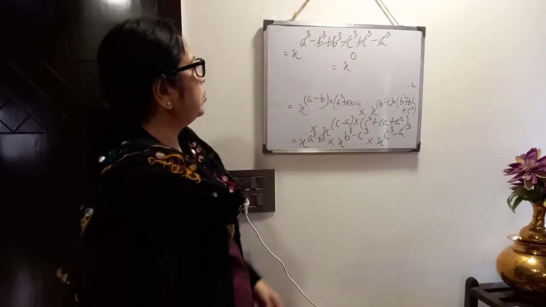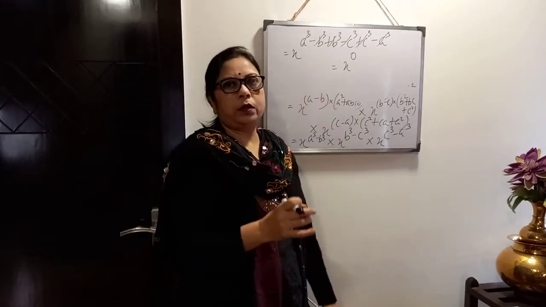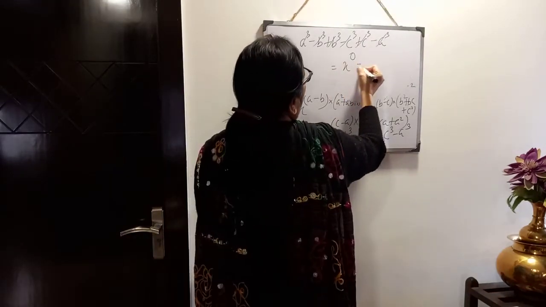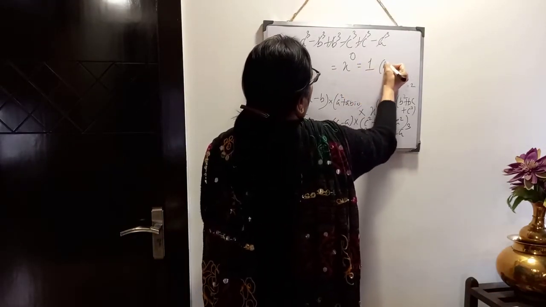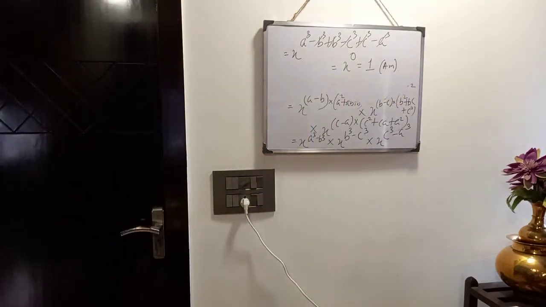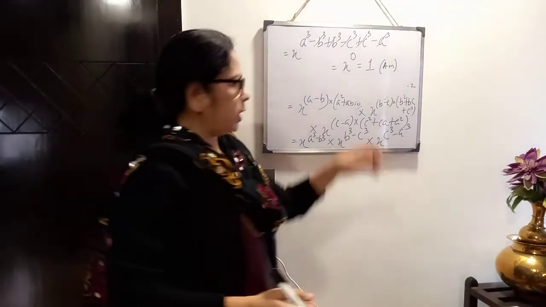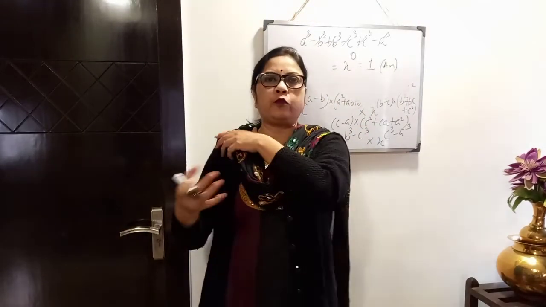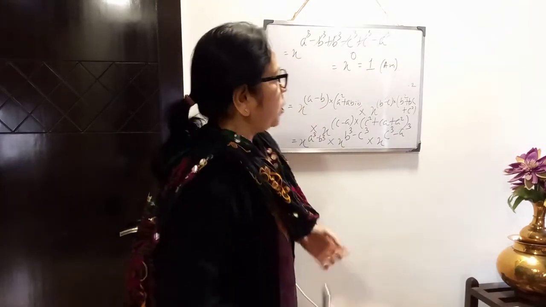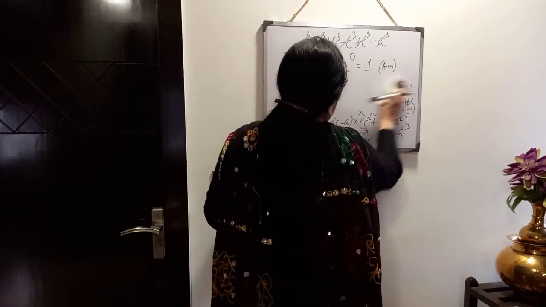Now I had told you that any non-zero finite quantity to the power 0, its value is always 1. Clear? So its value is coming 1. If there is a to the power 0, y to the power 0, its value is 1. 2 to the power 0, value is 1.